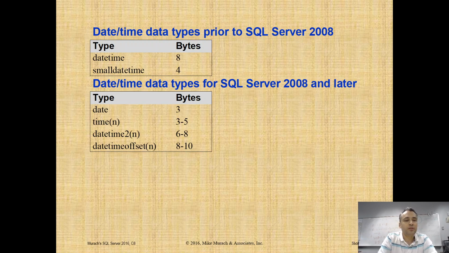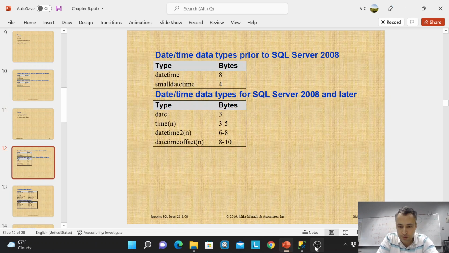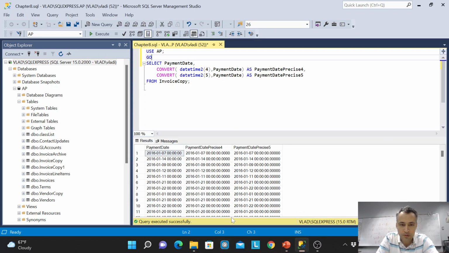And finally, datetime formats. The old ones are still in use, datetime and smalldatetime. And here are some new ones where n is not the length, it's the specified number of bytes. And I actually have an example ready here. So let me look at the example. Don't worry about the code.